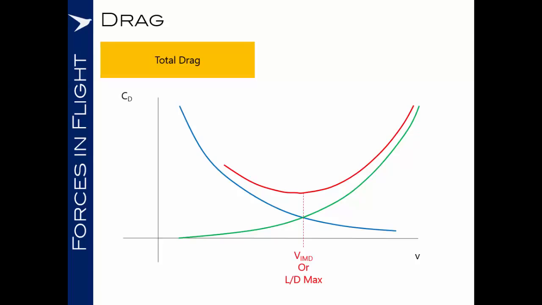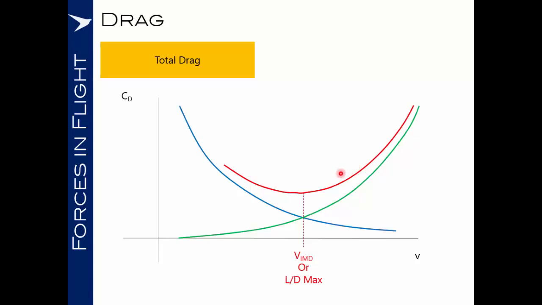The lowest point in this line is VIMD, or minimum drag speed, otherwise known as lift over drag max. So for every aeroplane, we will have a speed at which we can fly where the drag on the aircraft will be at its minimum.